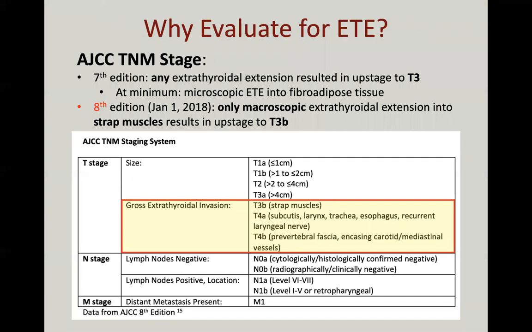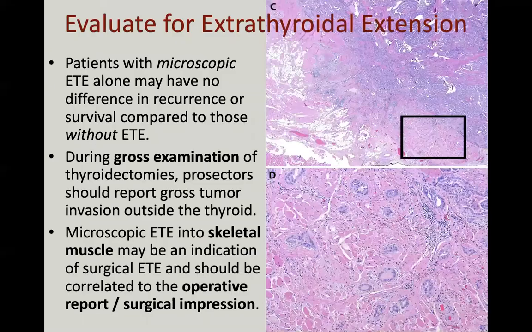Now, really, it's only macroscopic extrathyroidal invasion, which is a combination of both what you see when you cut it and what the surgeon sees intraoperatively if it's stuck to skeletal muscle, right? So if you see microscopic ETE, you may want to confirm with the surgical operative note whether that was also seen grossly as gross ETE.